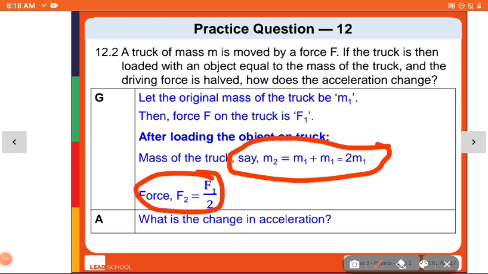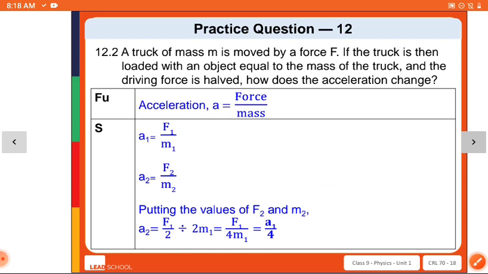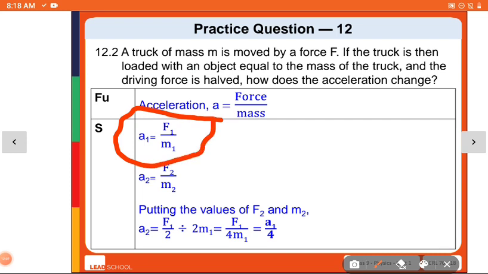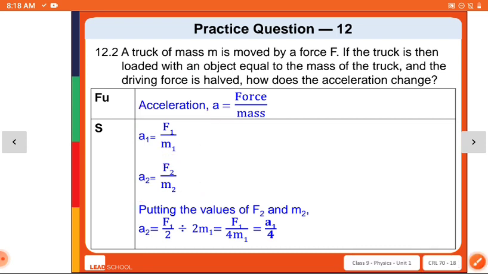So what is the change in acceleration? We calculate the acceleration for both cases, F1 and F2. After putting in the values F2 and m2, a2 is equal to F1 by 2 divided by 2m1.